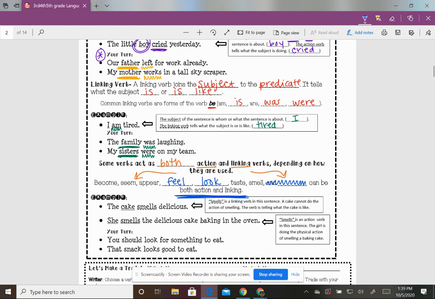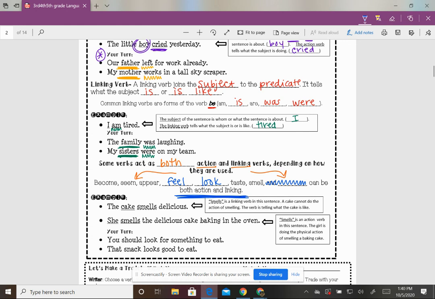But if I were to use it as an action verb, I would say the girl is the one who's doing the smelling. Look, she smells the delicious cake baking in the oven. The girl is actually sniffing her nose, smelling the cake. Your turn. Pause the video, see how you do, and then come back for your answers.